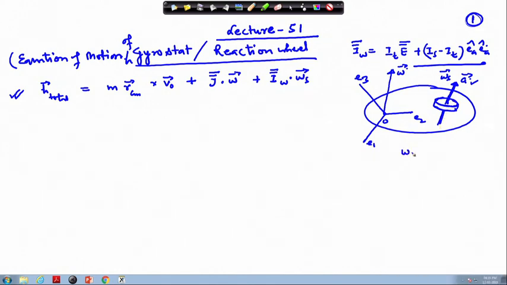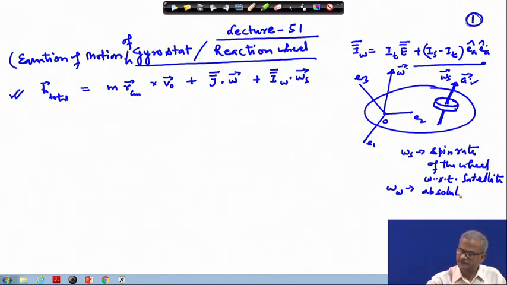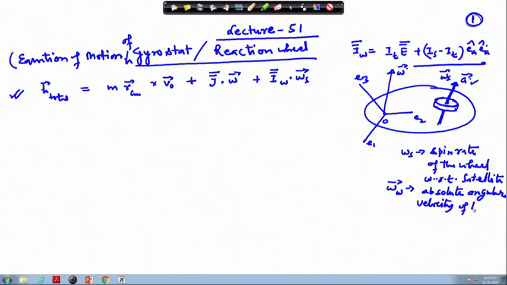Omega s is the spin rate of the wheel with respect to the satellite, and omega w we have written as the absolute angular velocity of the wheel or the rotor, and A is a unit vector here. So A, or we can write this as E a cap.